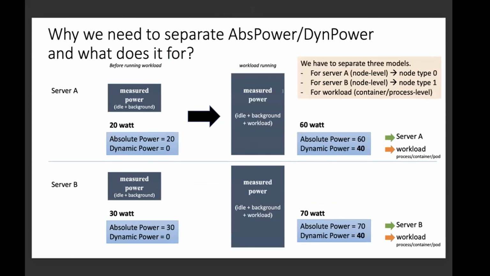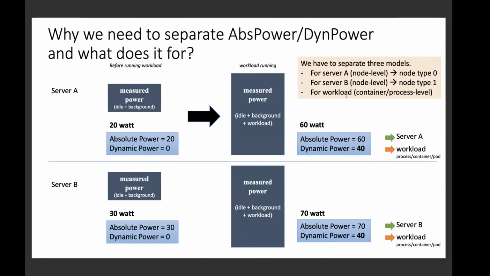Why do we have to separate it, and what is that for? Let's say we have two kinds of servers at the idling state. Server A has 20 watts, and server B has 30 watts. But after we add the workload, ideally we expect similar dynamic power for the same workload.